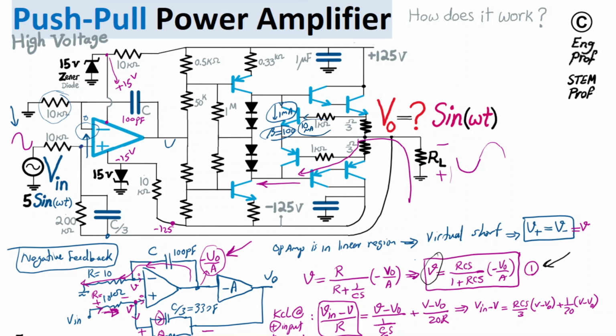The voltage drop across 1k is nothing. If you multiply 10 microamp by 1 kilo ohm, you get 10 millivolt, which is nothing.